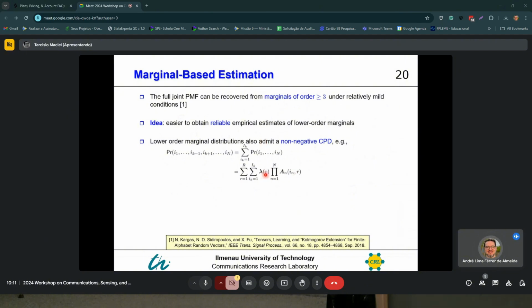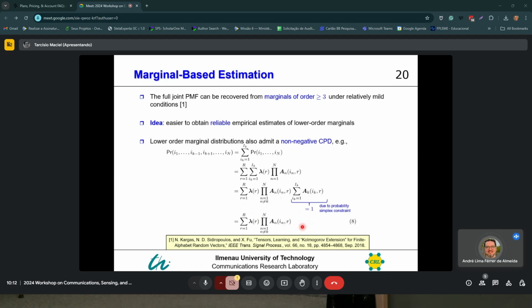Here we have the loading vector, here we have the factor matrices, and then the dependence on the factor matrix A_k can be eliminated by just summing from i_k equals 1 to capital I_k, and you see we sum over one whole column, which is actually equal to 1 due to our probability simplex constraints. So now we get a non-negative CPD of the remaining n-1 random variables. So the order of the tensor has been reduced by 1.